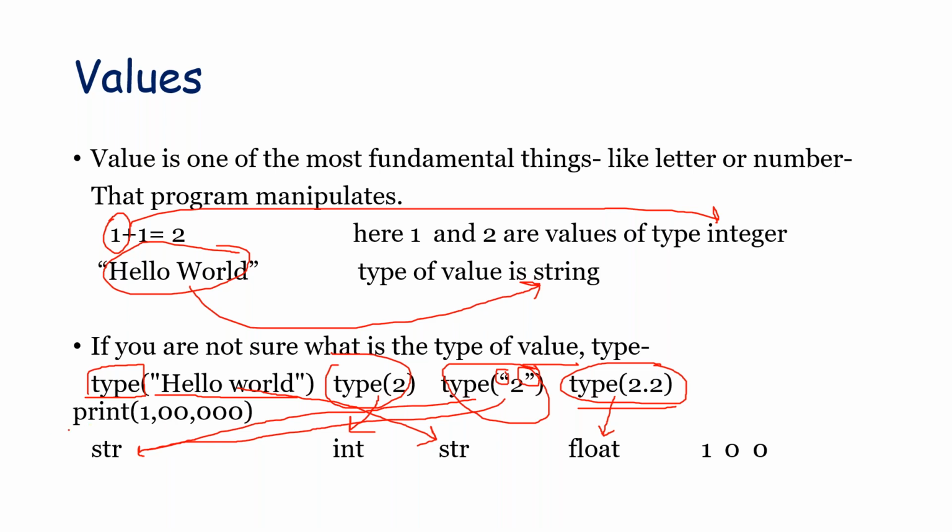And the most interesting is this: you print this thing in Python. Simply write print, and under the parenthesis you write this. You will think that this is 1 lakh, but this is not 1 lakh. This is just this, because Python will return you this. Why? Because Python has considered this as one value, this as another value, and this as another value.